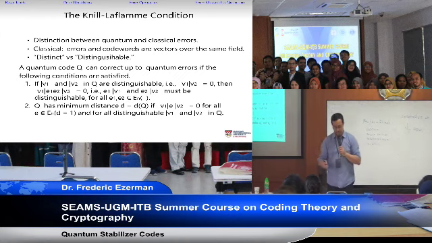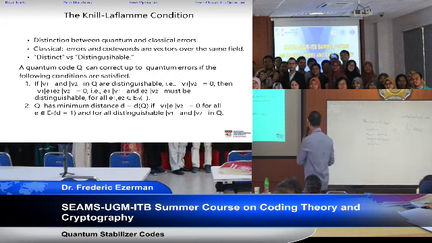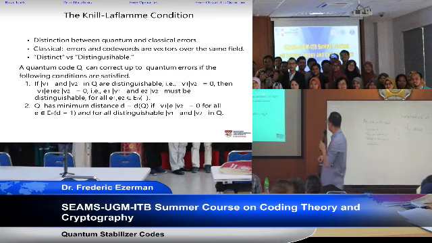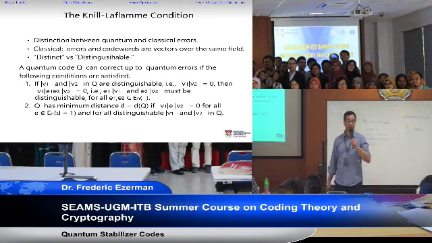Minimum distance means I take error operators with weight up to that minimum distance minus 1, I can still do a correction. So, the nice thing is the parameters and correction capability, okay? This is triangle inequalities, nothing fancy. The second one is a quantum code with distance dq can correct up to L equals dq minus 1 over 2 errors, analogous to the classical case.